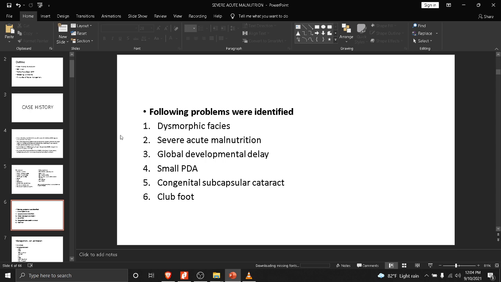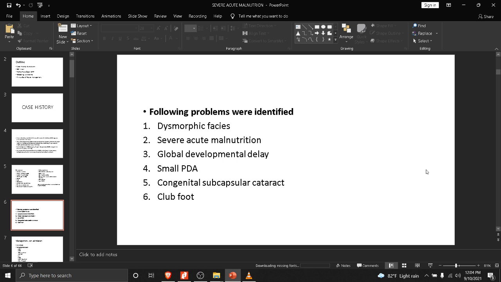The child had severe acute malnutrition and global developmental delay, with all developmental domains around 1 year of age. The child had defaulted treatment at 1 year of age. There was also a congenital subcapsular cataract, where they had been asked to do cataract surgery but also defaulted.